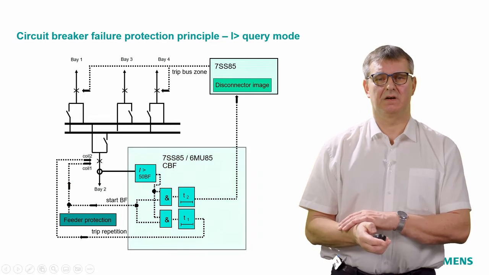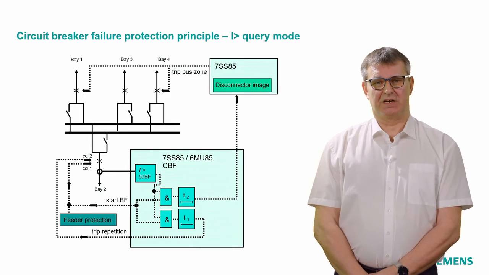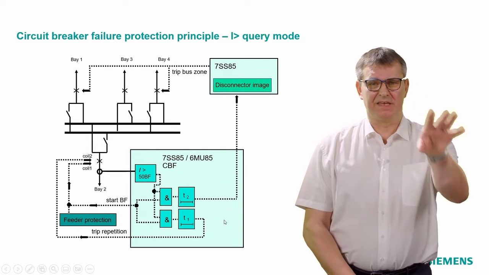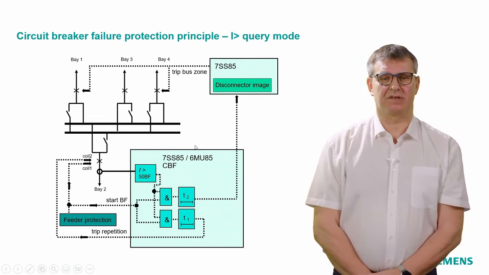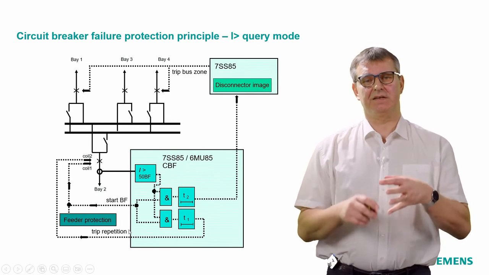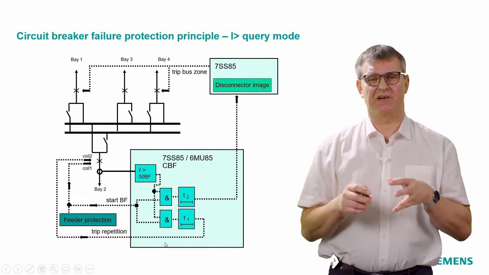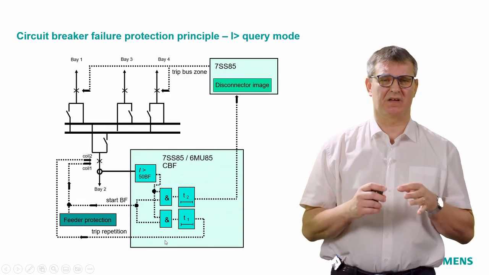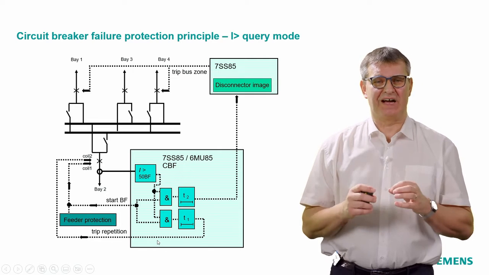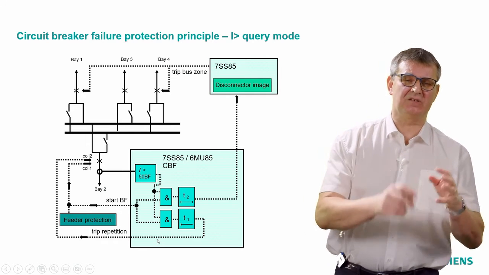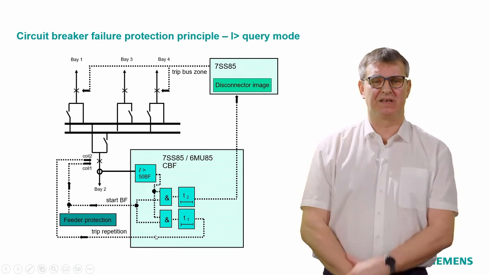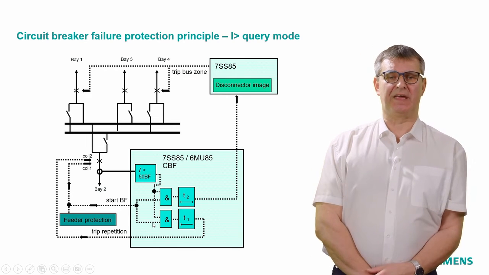What is blinking here, this big arrow? Thanks, Nina. Here is a circuit breaker failure protection function which is assigned to this certain feeder, which is assigned to bay 2.